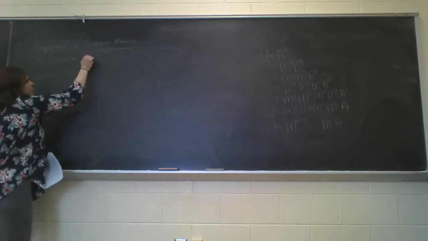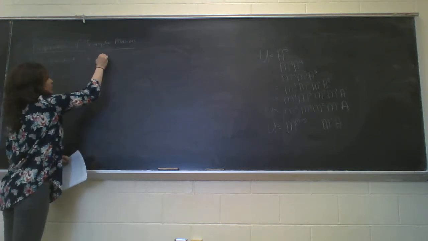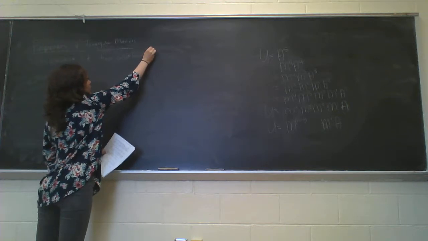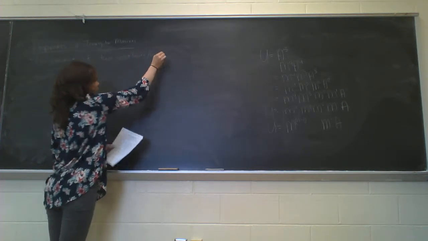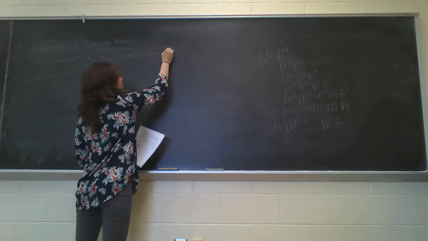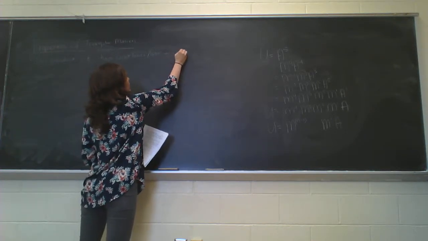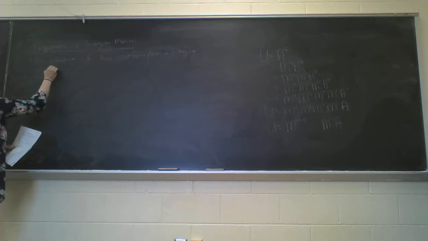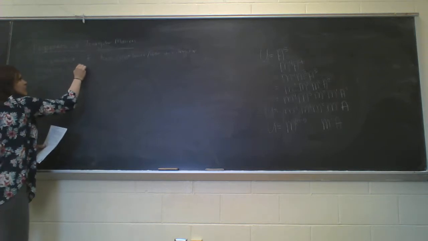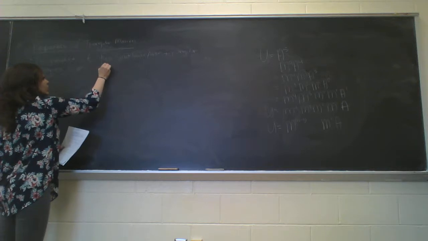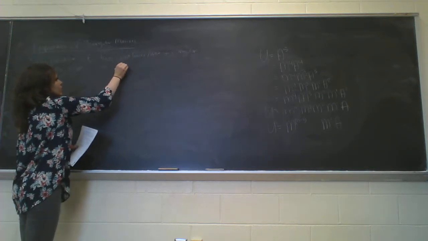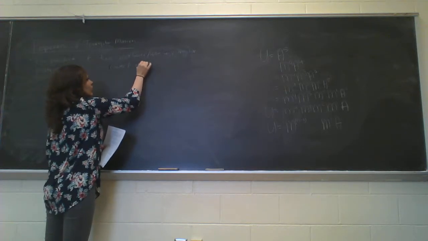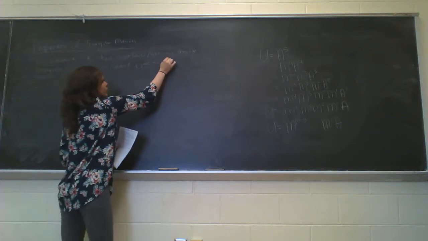The first property is that the product of two unit lower or upper triangular matrices is also unit lower or upper triangular.